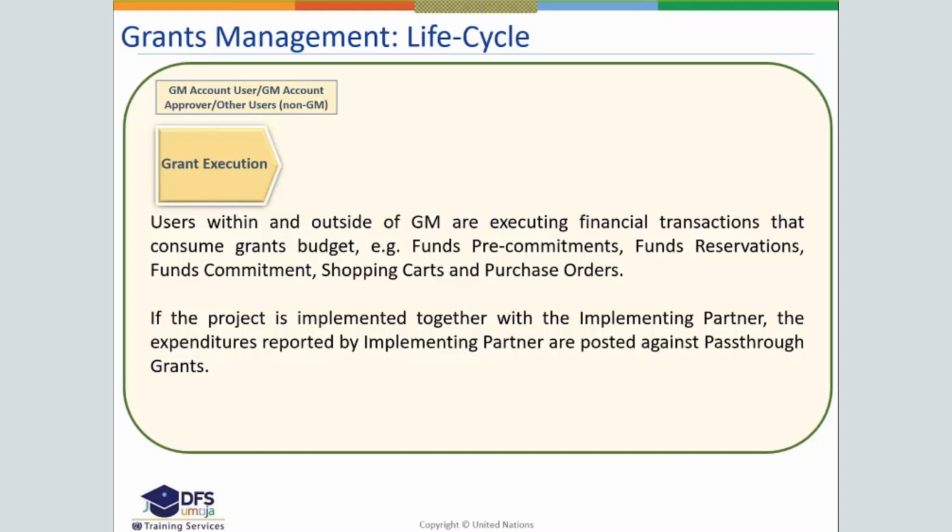So now what do we have to do? To spend this money in accordance with the agreement with the donors. How is it spent? Through, you know, fund reservations, fund commitments, shopping carts, trips, purchase orders.